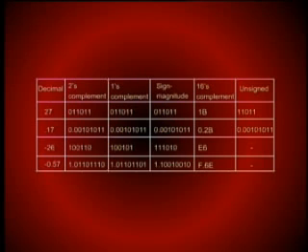A negative integer, minus 26. In 2's complement, this is 1, 0, 0, 1, 1, 0. Whereas in 1's complement, it is 1, 0, 0, 1, 0, 1, which is one binary less as compared to 2's complement.